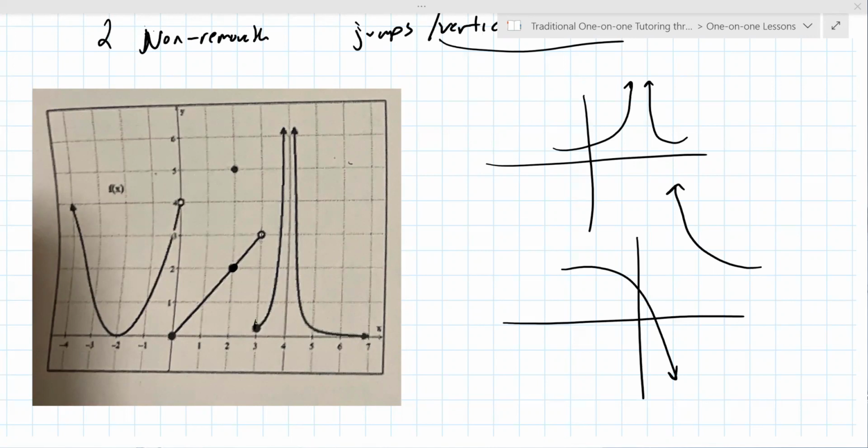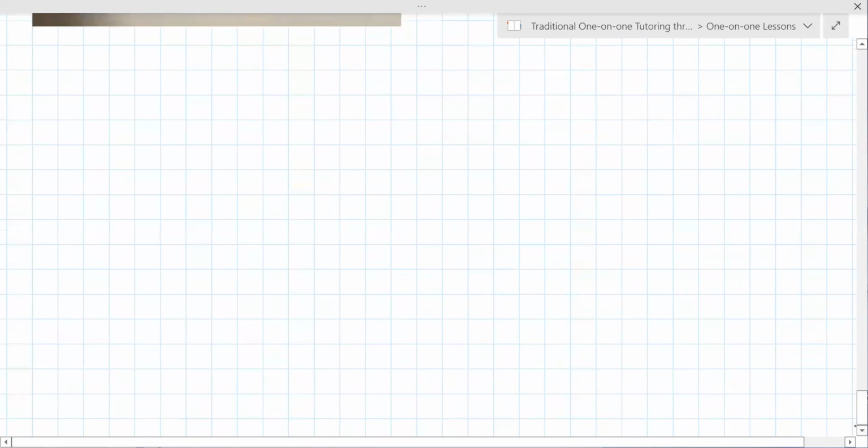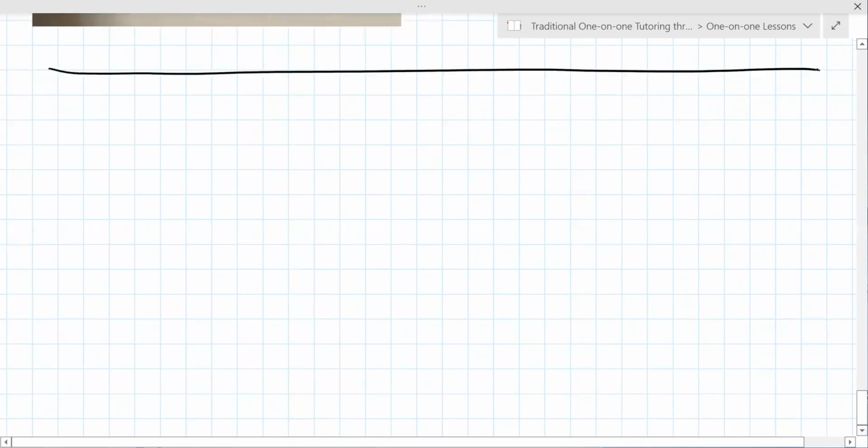Oh, how do you find the period on a graph? From a graph or a function? Both. Okay. All right, let's look at sine.